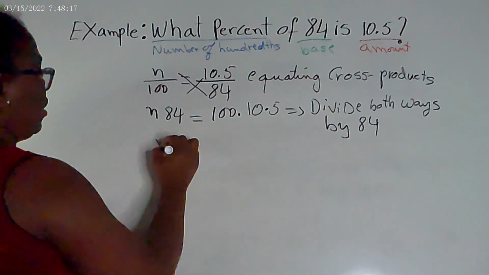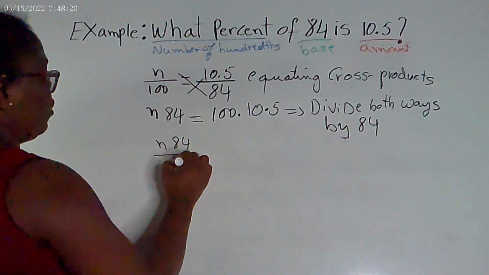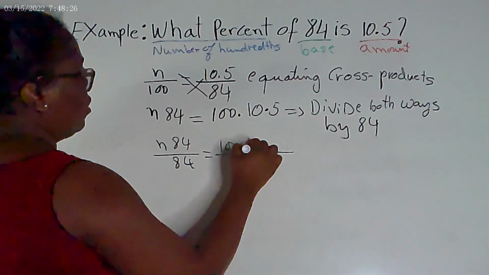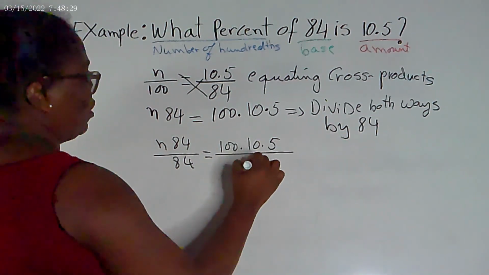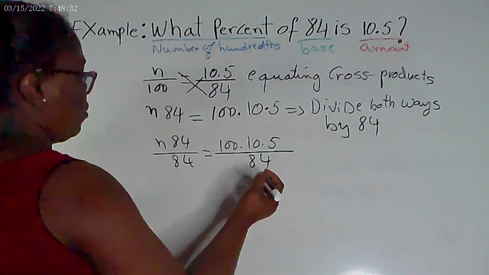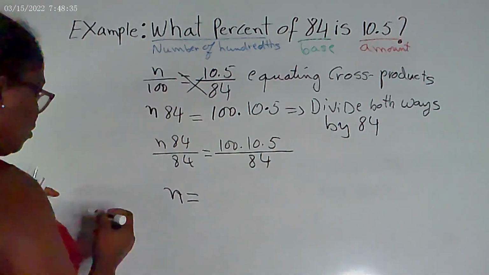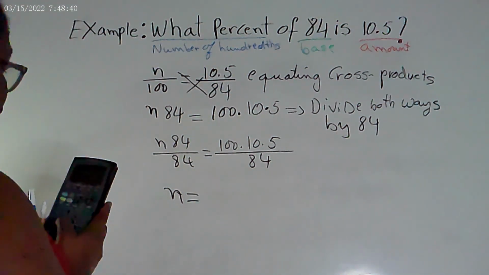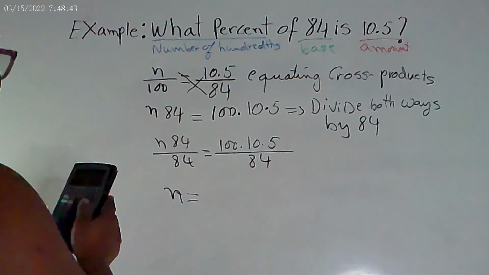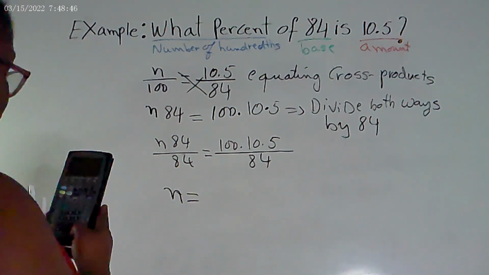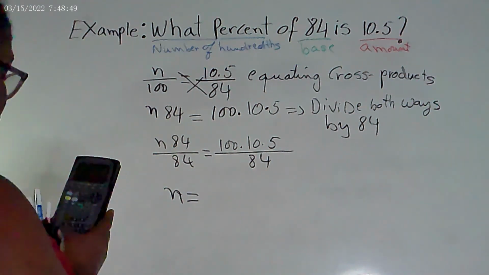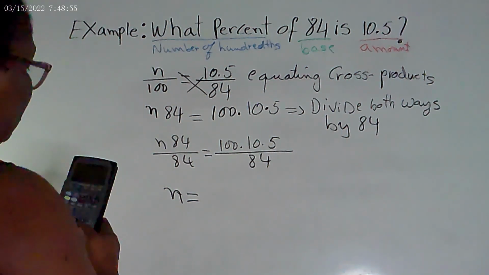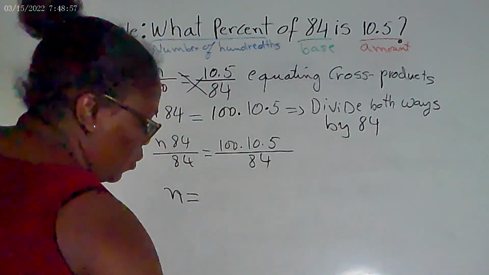So 84n over 84 equal 100 times 10.5 over 84. So n equal, let's do it in the calculator. 100 times 10.5 divided by 84, the answer is 12.5%.